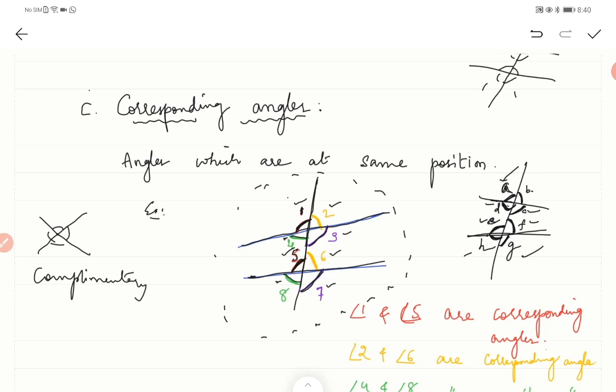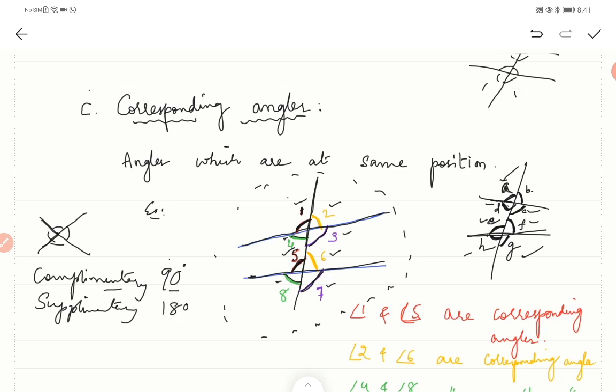After complementary, what do you have? Supplementary, isn't it? Complementary are what? If the sum of two angles is 90 degrees, you call them complementary.